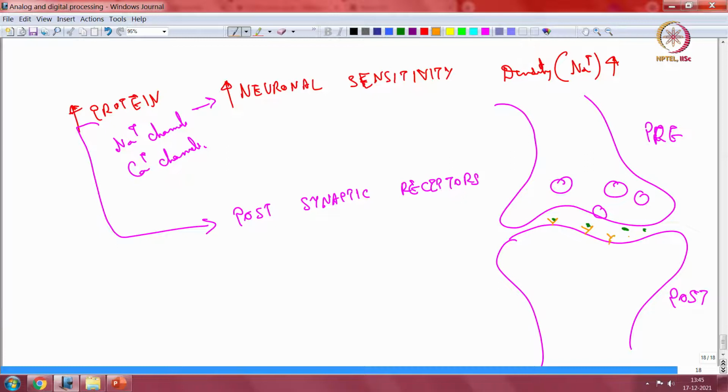So, what happens is you can increase the amount of postsynaptic receptors, and thereby the signal gets changed. So, you have a method of amplification.